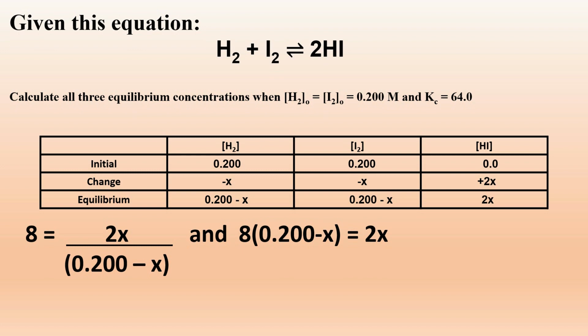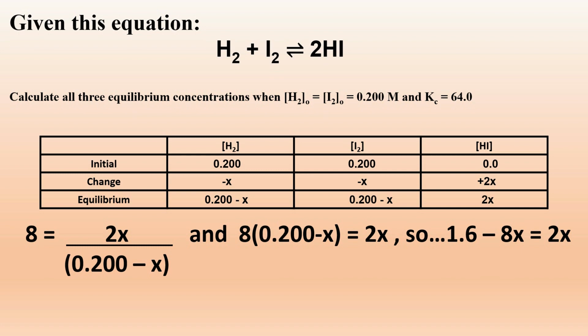Multiplying through by 0.200 minus x yields the following. 8 times 0.200 minus x is equal to 2x. Multiplying through by 8 yields the following. 1.6 minus 8x is equal to 2x.